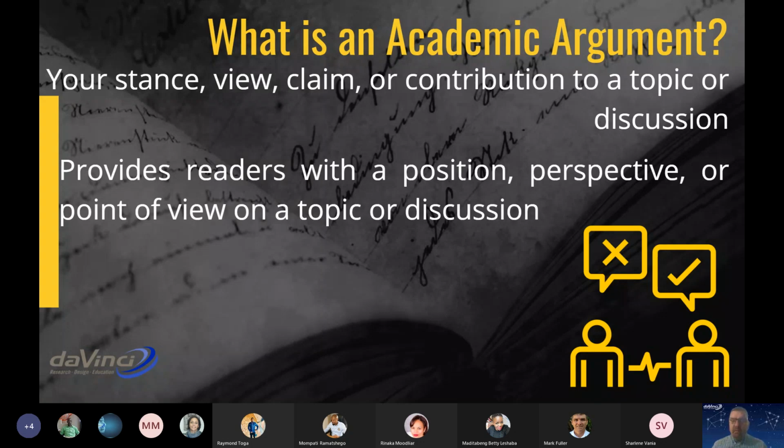Now, if you think of a process of a literature review, for instance, where part of a review, Raymond, is to evaluate or critique the value or the contribution of the author for purposes of including or excluding that author or source, that is very much the end result of a good academic argument. Okay, so when we do a literature review, we are watching this boxing match and deciding who the victor is.